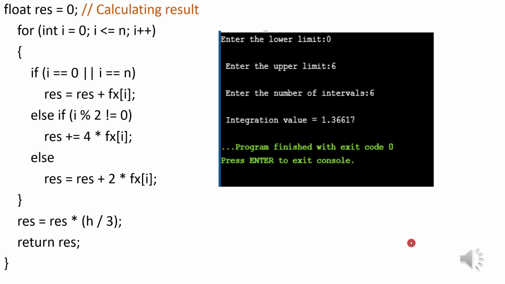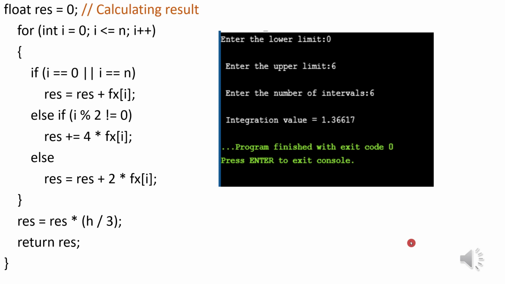Finally, the sum of ordinates will be stored in the variable res. When the condition gets false, it will come out of the loop and the total value res equal to res into h by 3 is calculated. It returns the value to the main function and gets displayed.